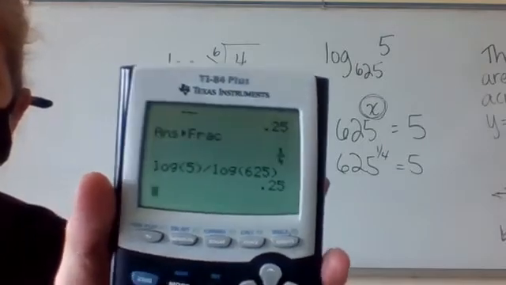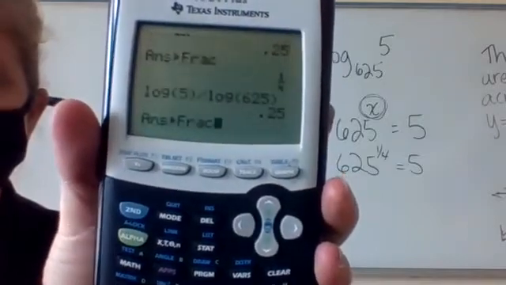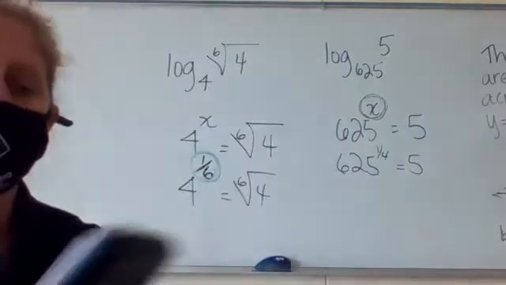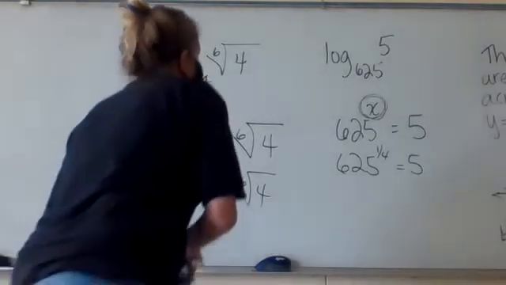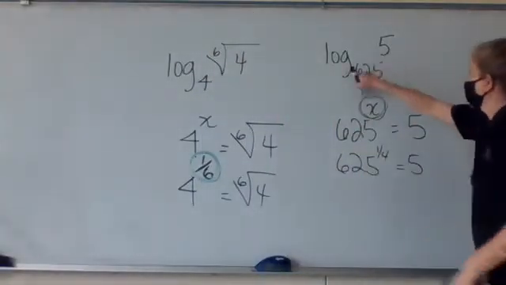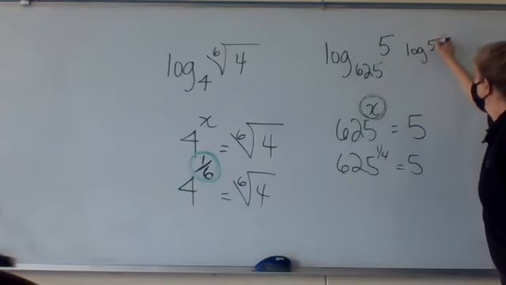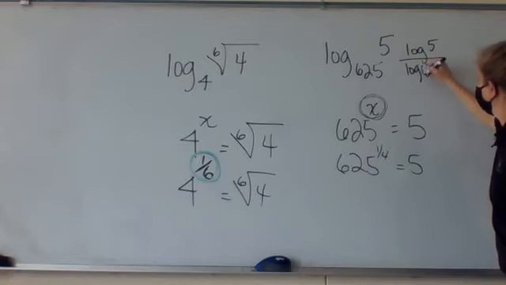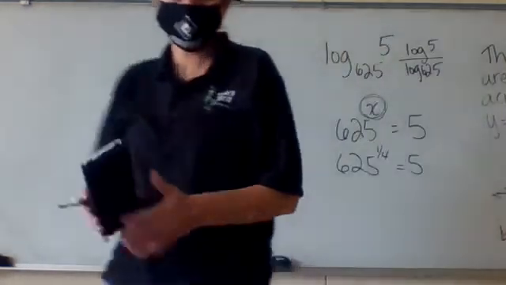It gives you the same thing, that 0.25 that I need to change to a fraction. So still 1/4. So again, if you don't have that log base under the math function that we've been using, you can type this into your calculator: log of this number divided by log of this number. It'll give you the same thing.